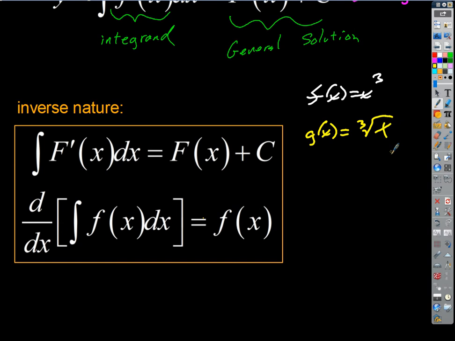What's g of f of x? They undo each other, right? These are inverse functions. Now, we can't say that derivatives and antiderivatives are inverse functions because they're not, but they have an inverse nature. They undo each other.